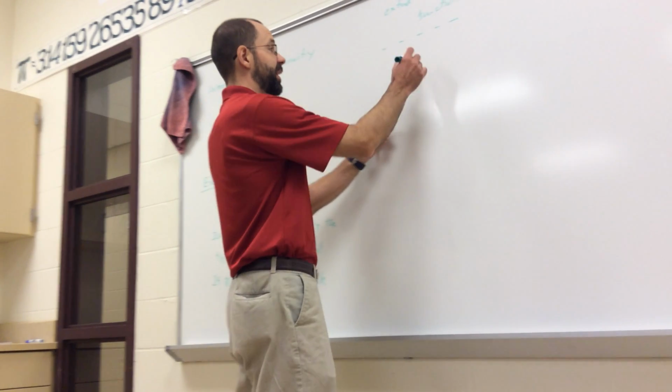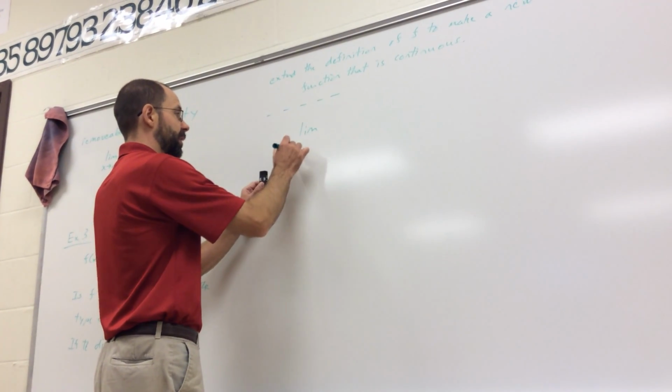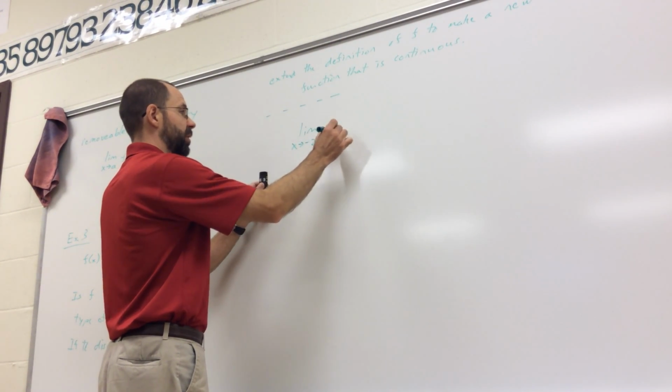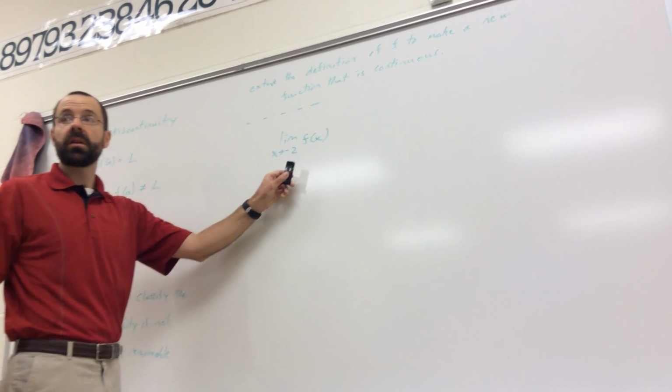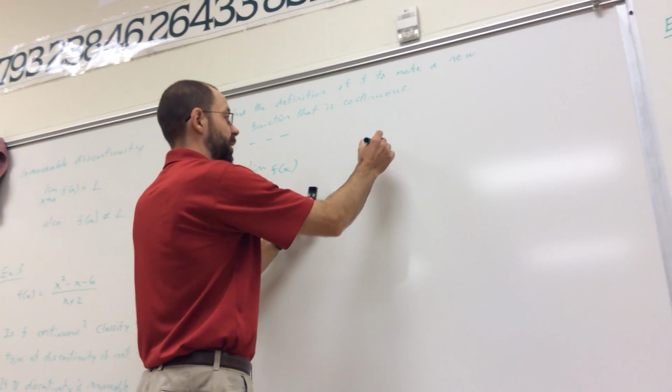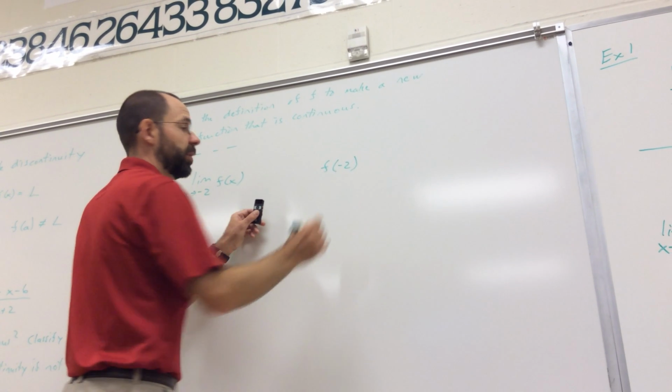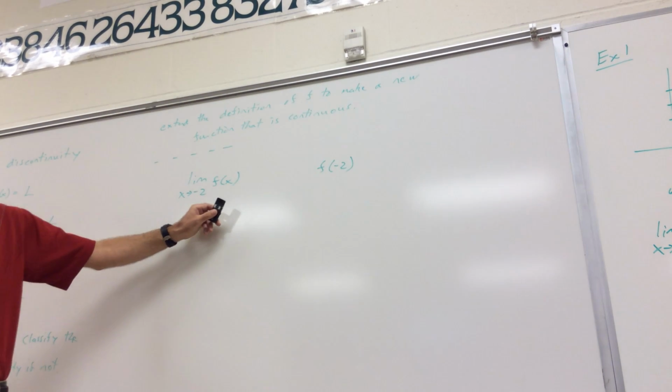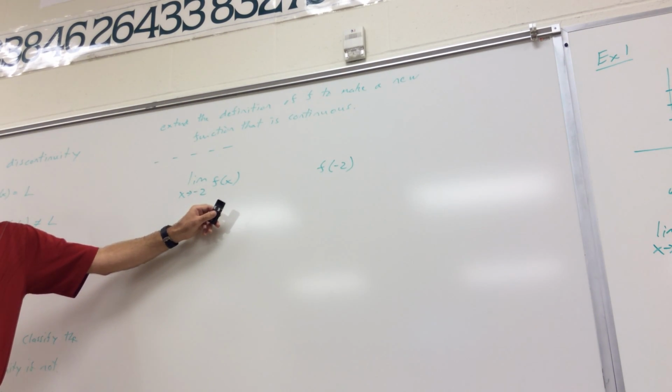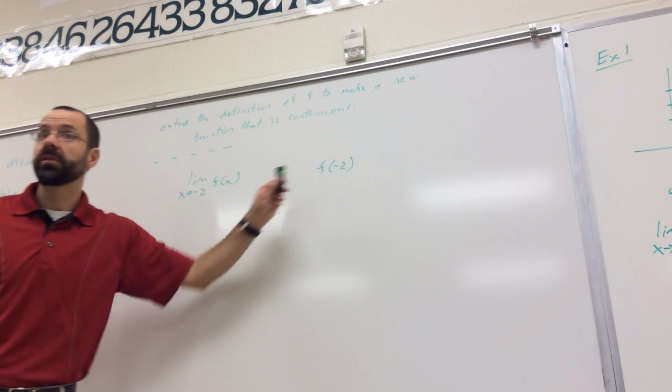All right, so we need to calculate the limit as x goes to -2. And then we also need to calculate f of -2. And if it's continuous, what will happen? They'll be equal. Good.